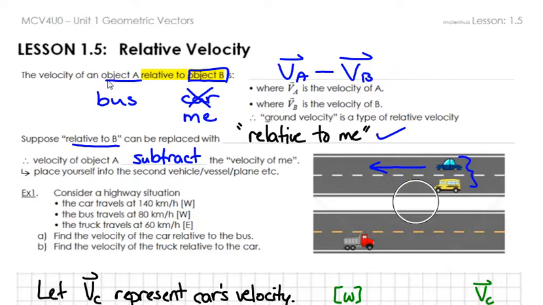Whereas if I put the bus over here and make it come towards you, it's coming in your direction at its speed and you're going in its direction at your speed. It's almost as if you're adding both of those speeds together, and you are then surpassing each other or meeting each other very quickly.